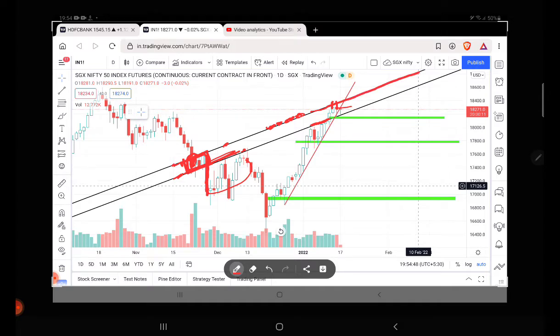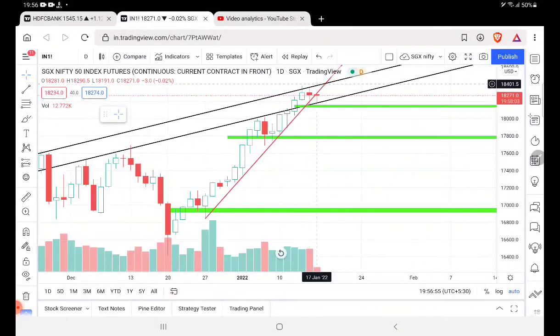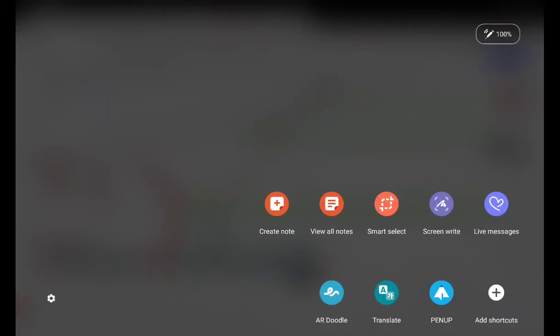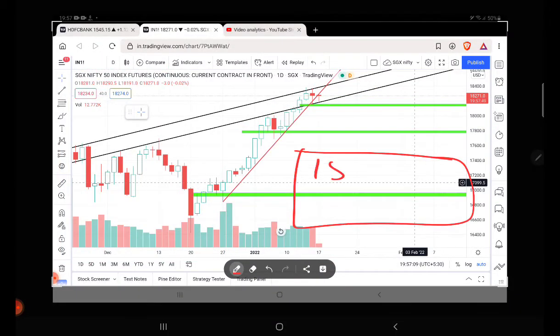So what is this range? We can check it. This is a range of 18,450 to 18,500. If SGX Nifty closes above 18,500, then the market will be buy in dip.